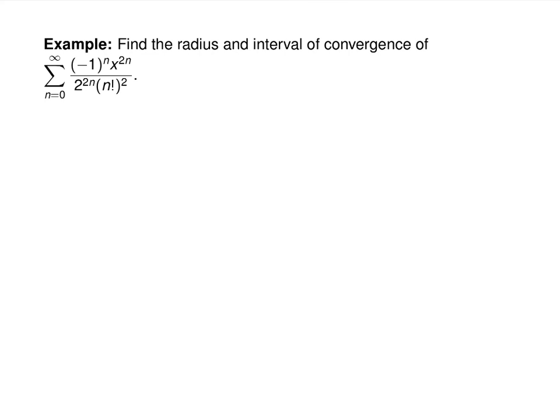Okay, let's try another one of those. So find the interval and radius of convergence of this series. So let's do the limit as n goes to infinity, a ratio of the n plus first to the nth term.